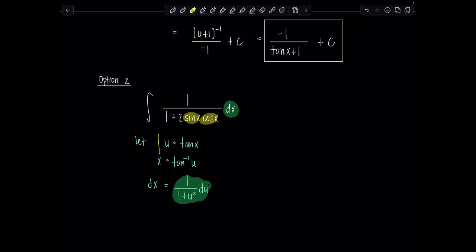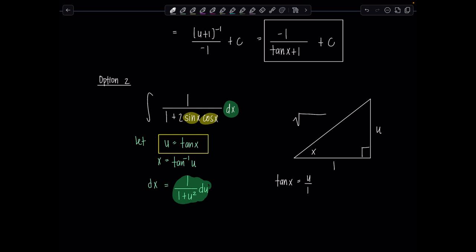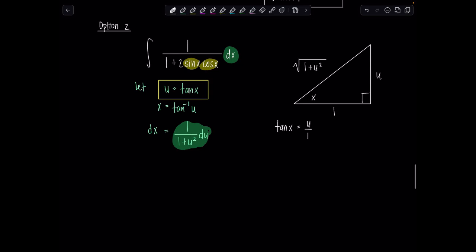Well, it's triangle time. So I know tangent of x is equal to u. I'm going to draw it over here. X is my angle, and tangent is the ratio of the opposite over the adjacent side. So tangent being u is the same as u over 1, okay? And then we can find the missing side, the hypotenuse, which would be square root of 1 plus u squared. So now using the triangle, I can figure out what sine of x and cosine x would be.